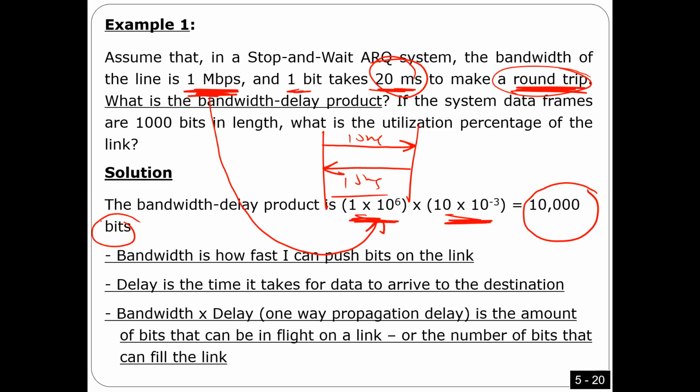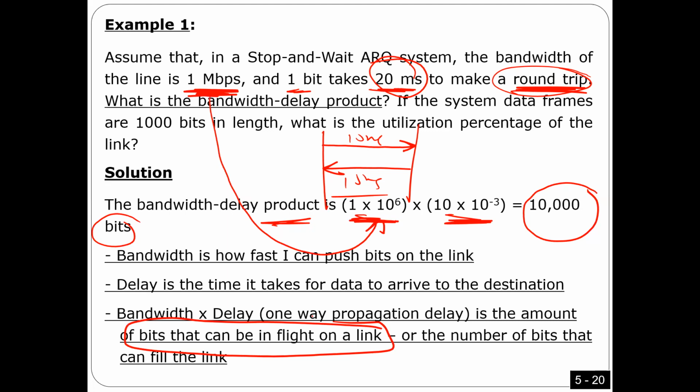If you remember what I explained before about this product, can anyone tell me what it means? I explained it before. Just read it: the number of bits that can be in flight on a link, or how many bits are needed in order to fill up the link.